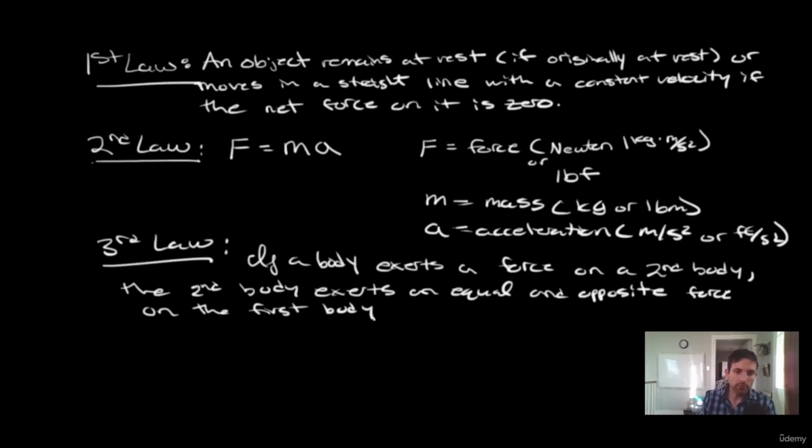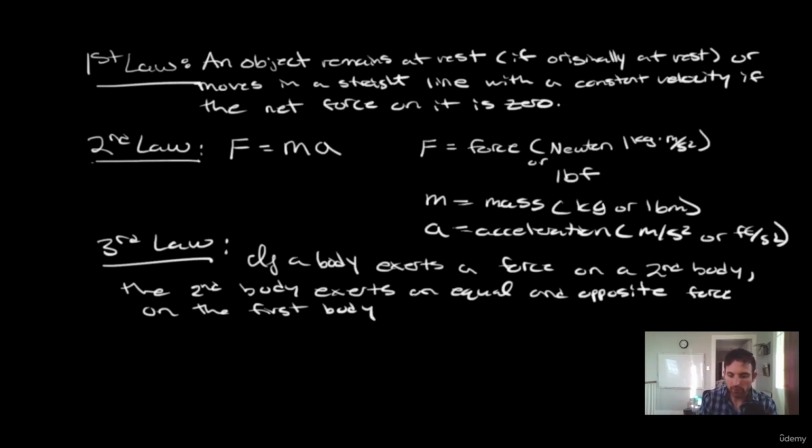It's another way you could have maybe heard that one. Second law, force equals mass times acceleration. You've probably heard of that. The third law, you may have heard it, with every action there is an equal and opposite reaction. Sometimes you hear it, something like that. So whenever there's a force from one body to another body, that exerts an equal and opposite force. And that makes sense, right?